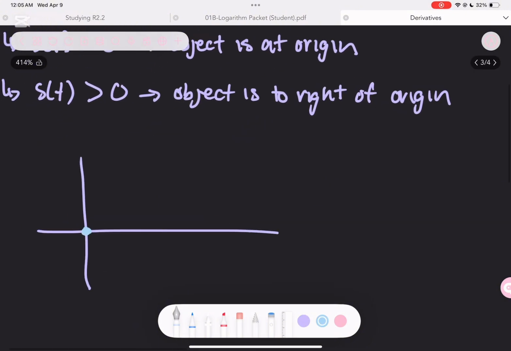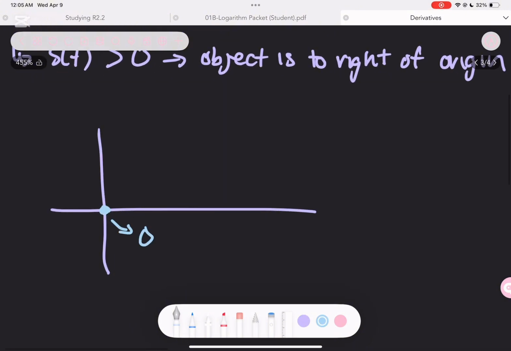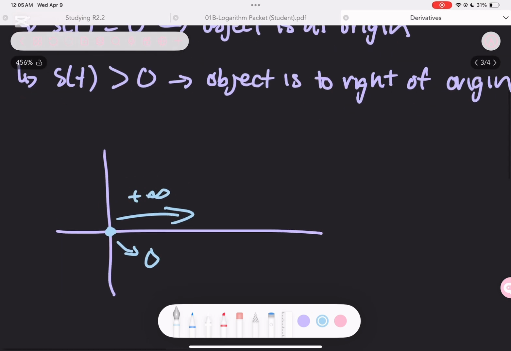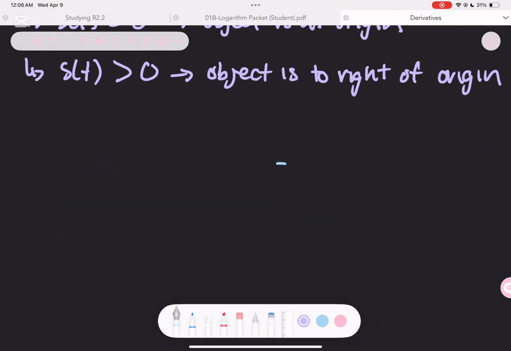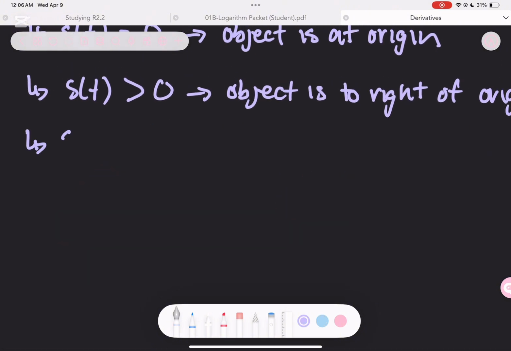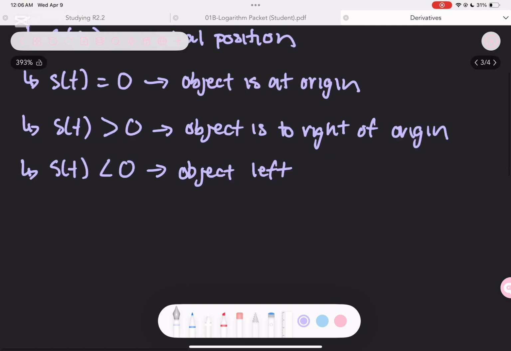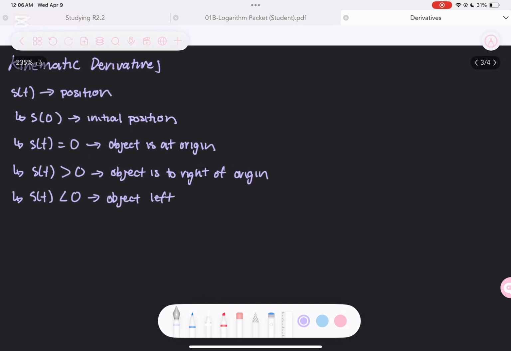If your object is greater than 0 to positive infinity, then your object is going to be to the right, and consequently, less than 0 is the object to the left. And this is all for position.